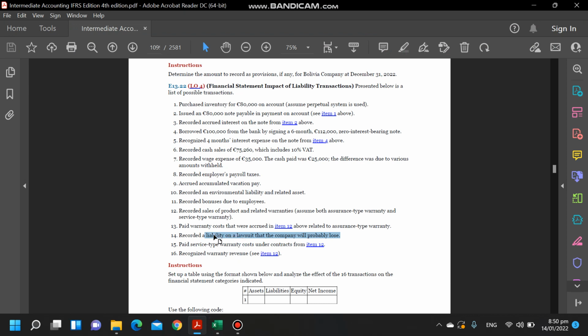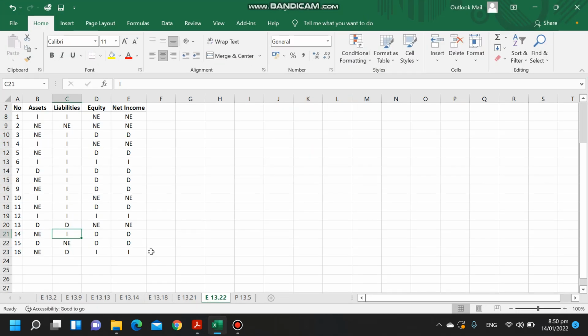And then number 15, paid service type warranty costs under contracts from item 12. So when it happens, the warranty expense will happen, and our asset used for the warranty will also be decreased, so no effect on the liability.